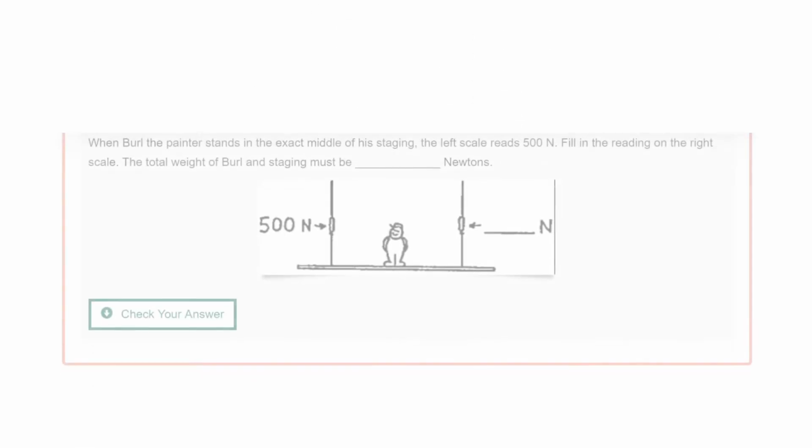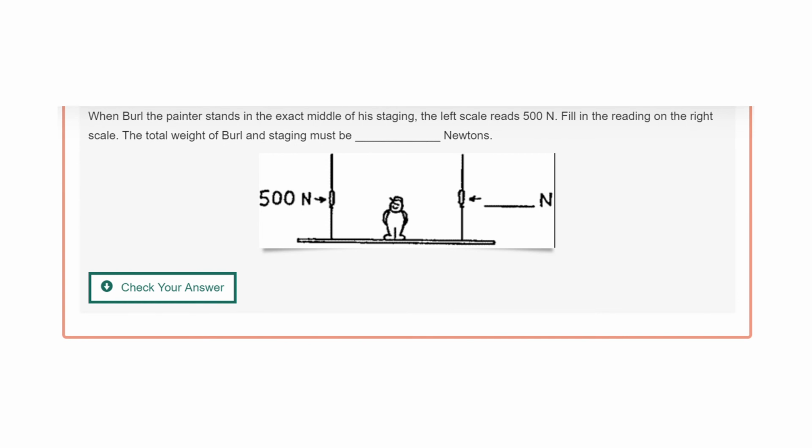Alright, so now let's continue. And this is number 2. It says, when Burl the painter stands in the exact middle of his staging, the left scale reads 500 newtons. Fill in the reading on the right scale. The total weight of Burl and staging must be newtons.